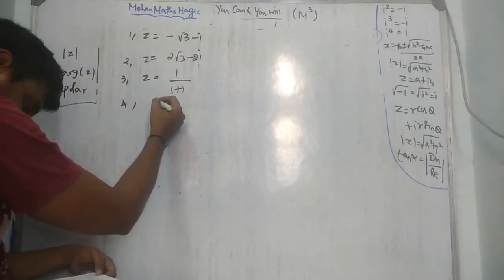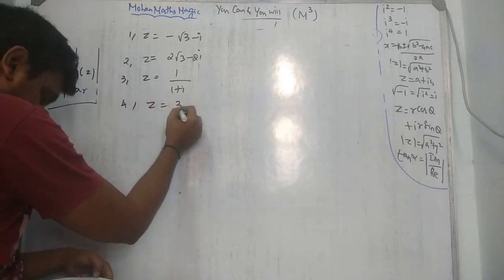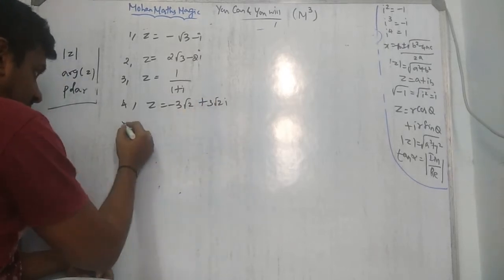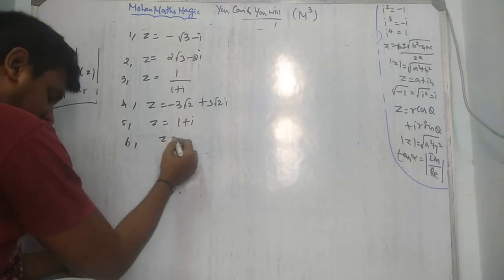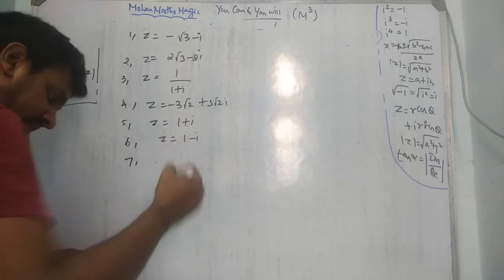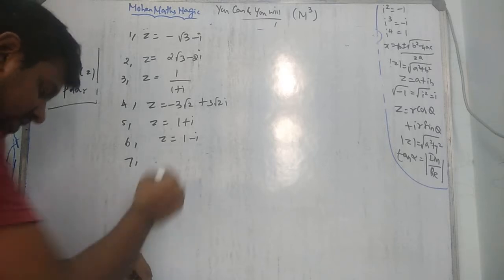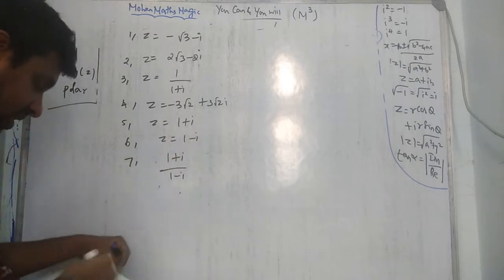Fourth one, z equal to minus 3 root 2 plus 3 root 2i. Fifth sum, z equal to 1 plus i. Sixth sum, z equal to 1 minus i. Seventh sum, simplify and find the polar form: 1 plus i by 1 minus i. Take a conjugate and simplify.